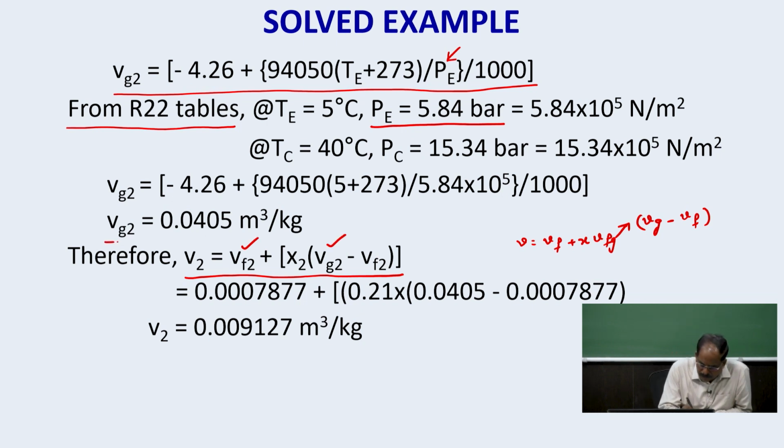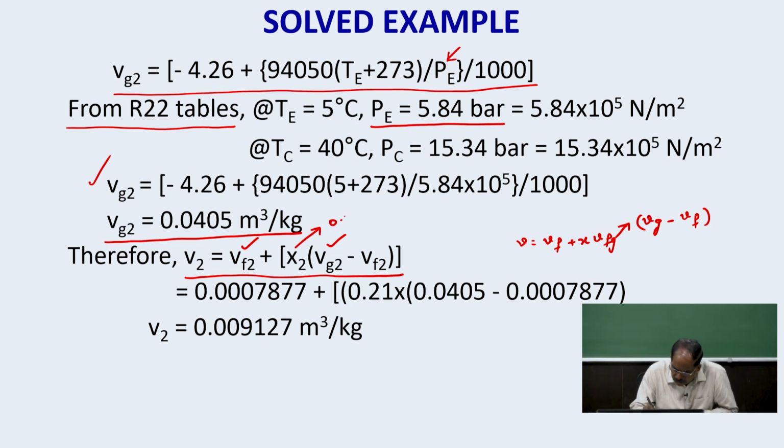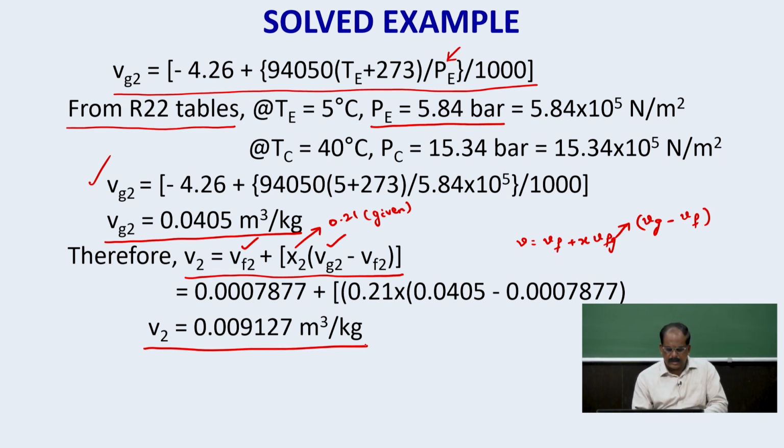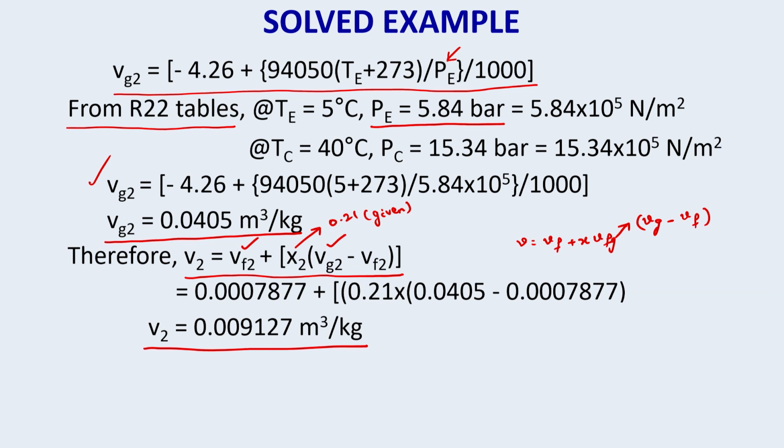The vapor specific volume we have calculated using this formula. Substitute the values. The dryness fraction is given as 0.21 in the problem. When you substitute, you will get the specific volume as 0.009127 meter cube per kg.